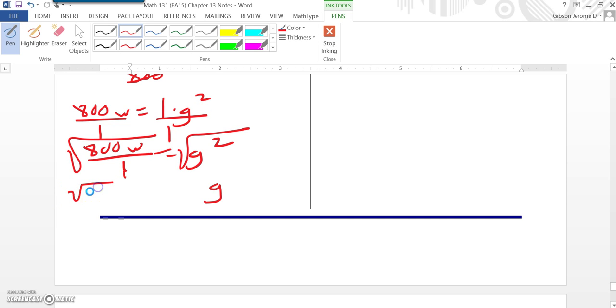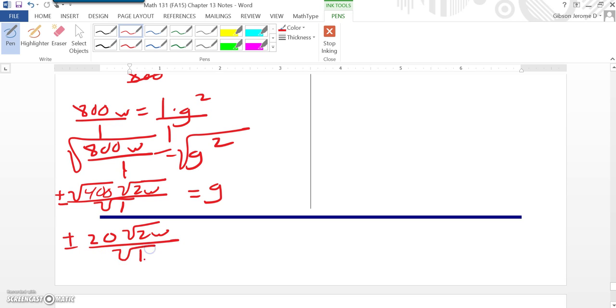So we have the square root of 400 times the square root of 2W in our numerator and the square root of L in our denominator. And we know this has to be plus or minus because we took the square root of both sides of an equation. So now we will have plus or minus the square root of 400, which is 20, times the square root of 2W all over the square root of L equals G.